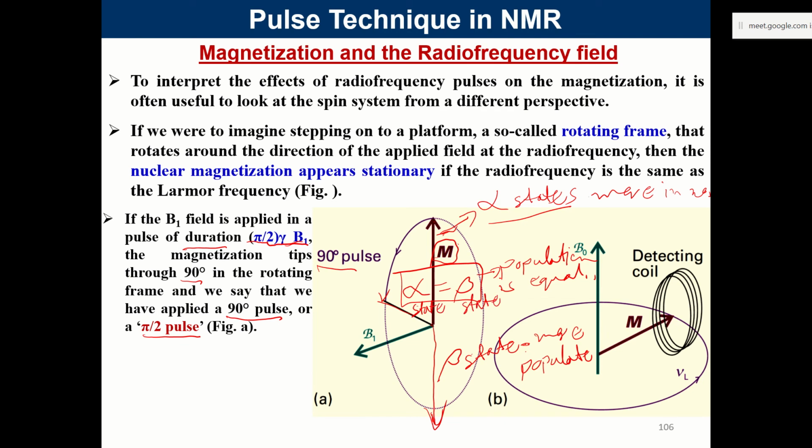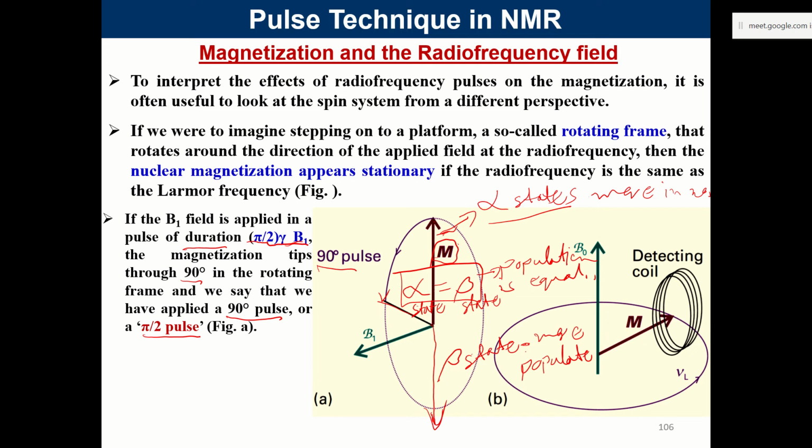So if you had started with 100 nuclei, each one having random alpha and beta orientation, once the magnetic field was applied, they were aligned. Most of them were aligned with the field, and you have the magnetization M, capital M. And now when you apply a 90-degree pulse, it has become equal. Alpha and beta populations are equal. So this is the difference that we understand.